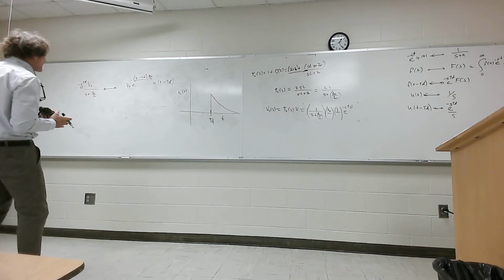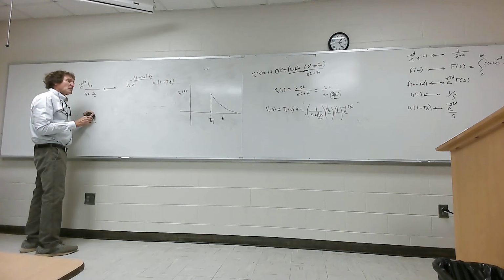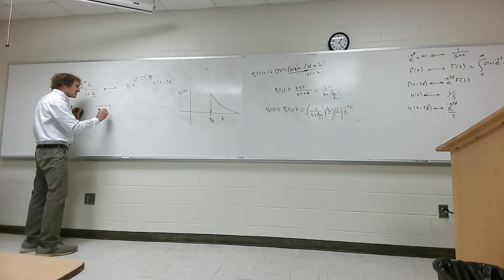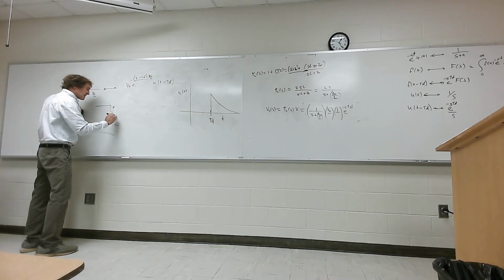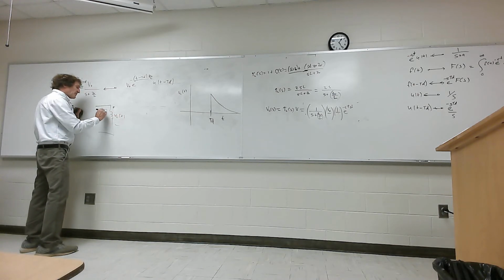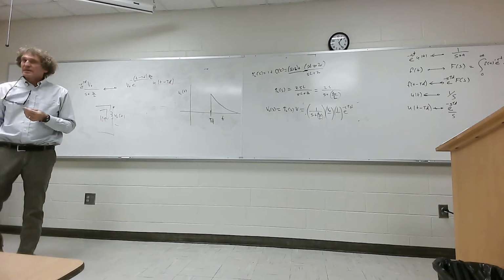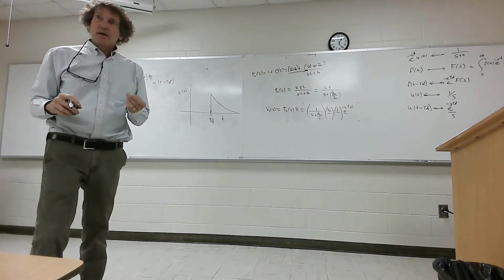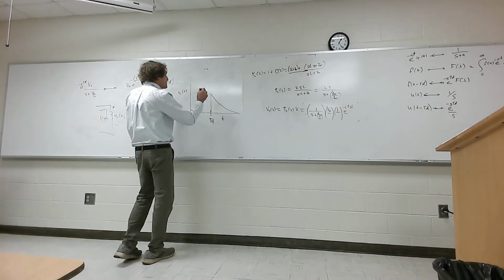Now, one thing I didn't ask for in the last one: suppose the inductor looks like this. We now know the voltage on this inductor as a function of time. What if I wanted the time domain current? How would I get that? What is current related to inductor? What is the one thing you remember?